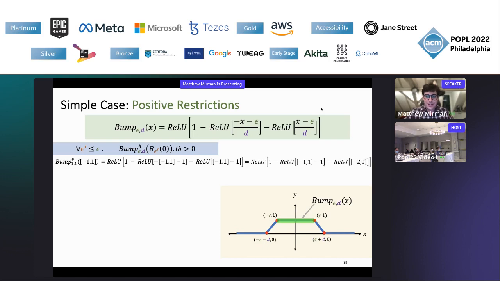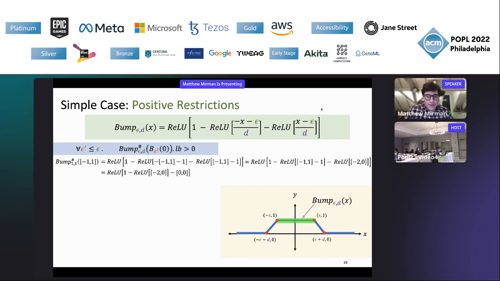So we do that here, and we get ReLU of 1 minus ReLU of the interval from -1 to 1 minus 1 minus ReLU of the interval of -2 to 0, which we can simplify again. Here, when we subtract 1 from the interval -1 to 1, we get -2 to 0, and ReLU of -2 to 0 is just 0 to 0.